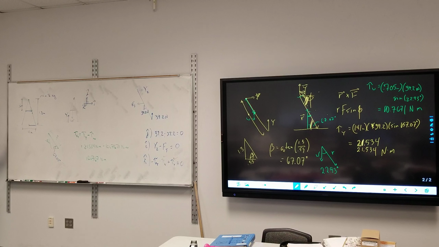No, again. Sine of 67.07 degrees is equal to the opposite divided by the hypotenuse. So R is 0.5 divided by sine of 67.07 degrees.